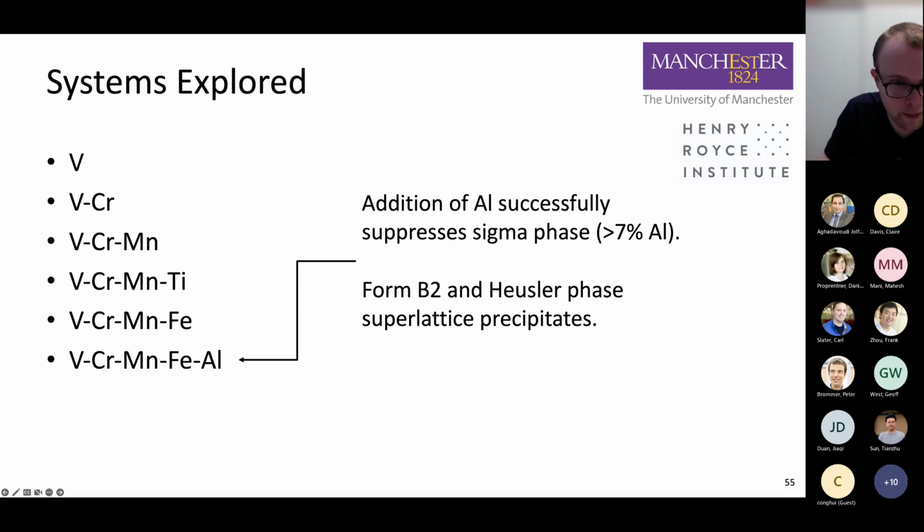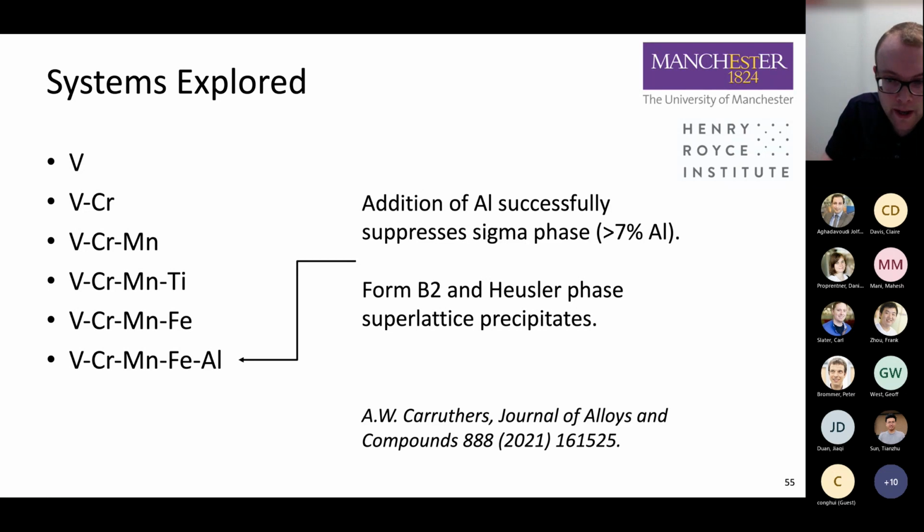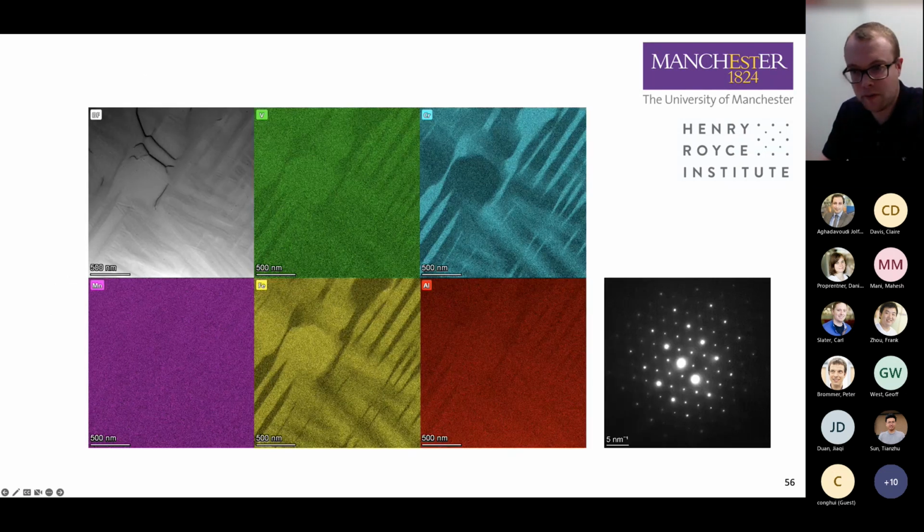Aluminium isn't bad for environmental resistance either. We found some really interesting microstructures here, where we have coherent superlattice phases B2 and Heusler precipitating within the BCC matrix, and there's still a huge amount of work to continue with on this subject.